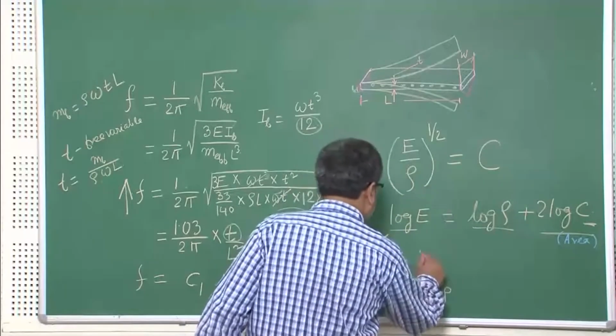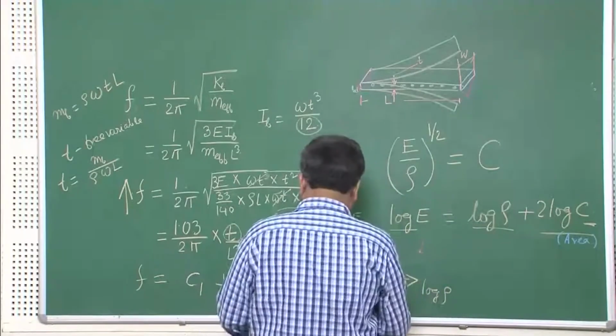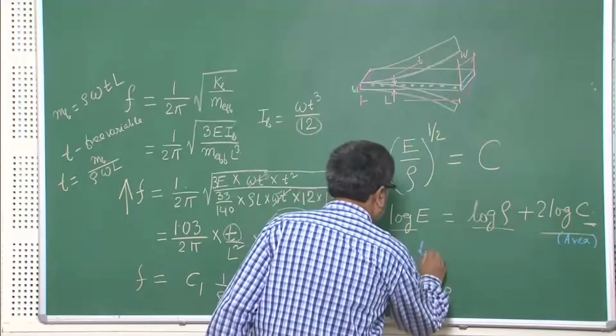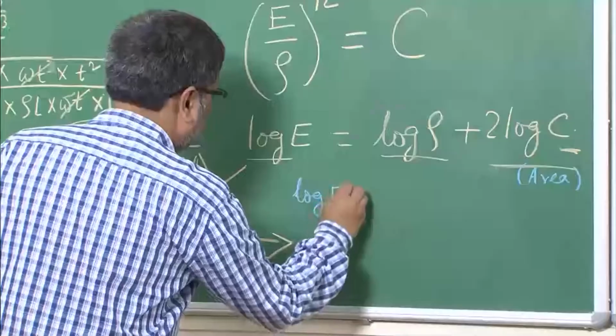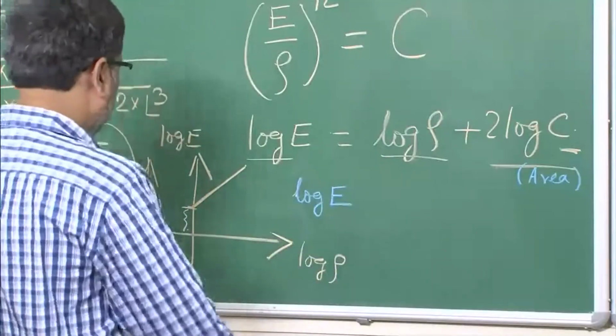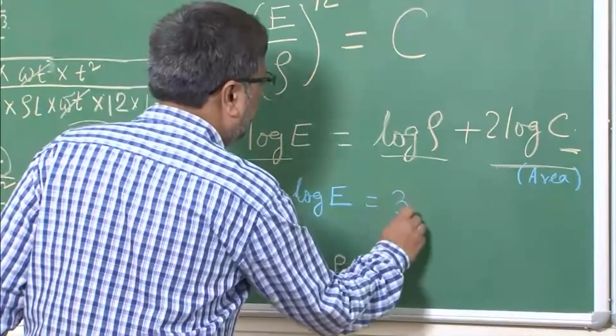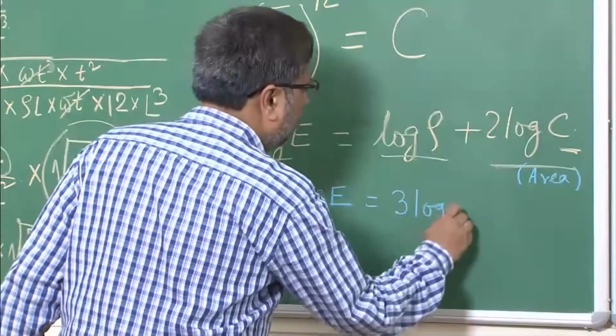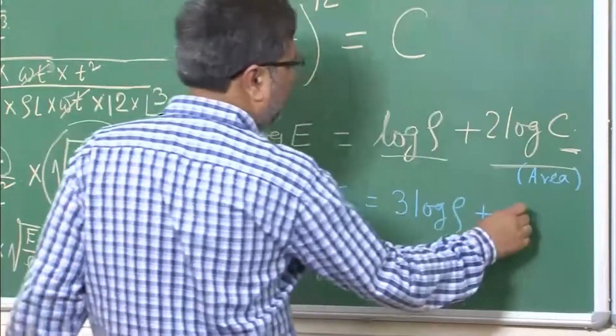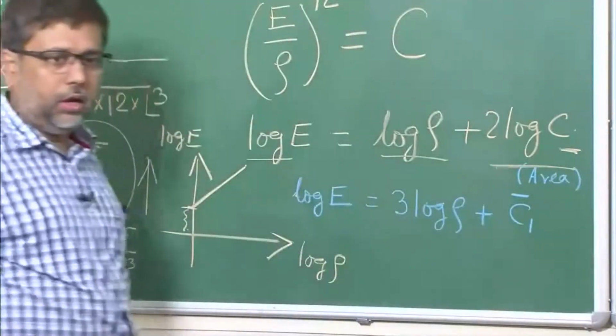So, we can write it as log of E equals 3 log rho plus some constant, correct.